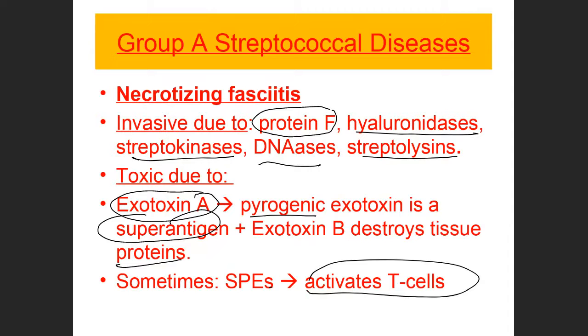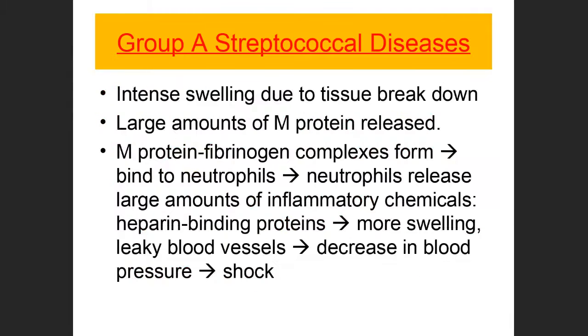So it's a combination of all of these features that causes that really, really fast invasion and destruction of tissue that is characteristic of the flesh-eating bacteria.